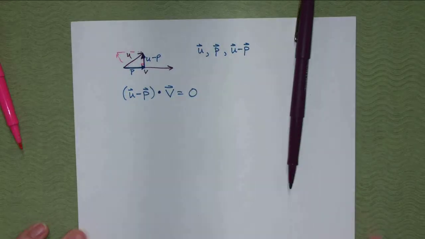Isn't that what I just said? That usually we're using this to find the perpendicular vector to V.